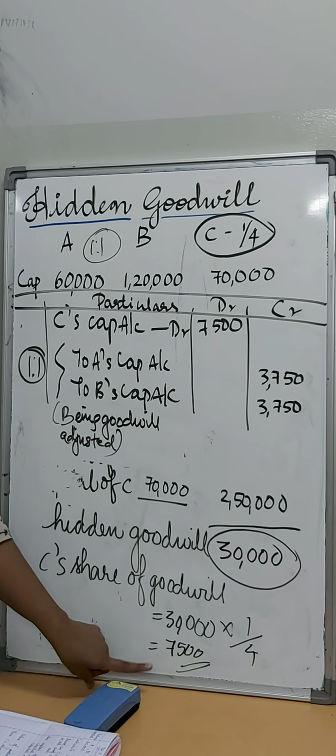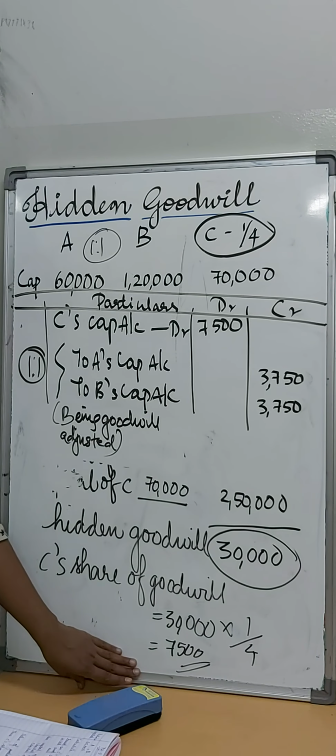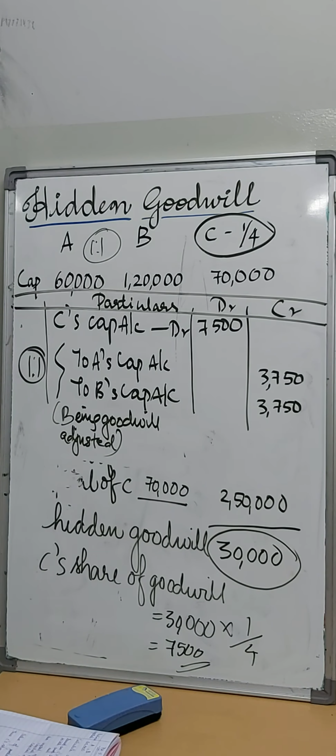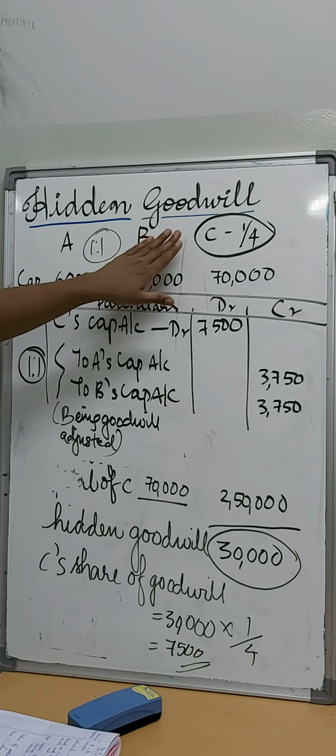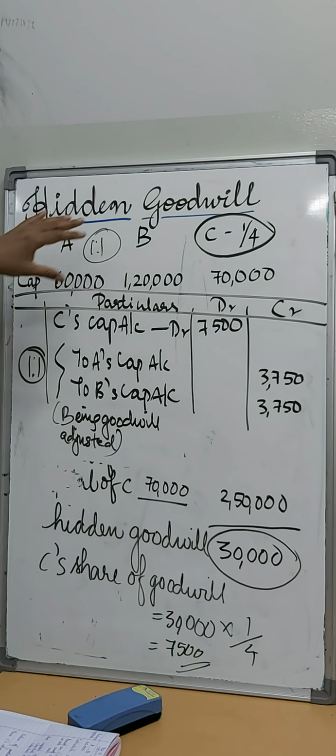Now I need to pass the journal entry. What is the journal entry to adjust goodwill? Gaining partner's capital account debit to sacrificing partners' capital account. Here partner C is gaining, as he is going to get a share of profit from A and B, and A and B are going to sacrifice.